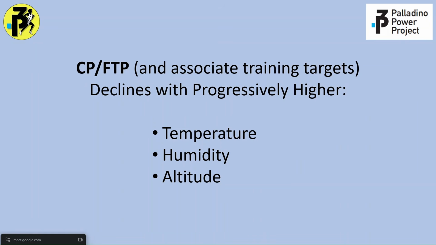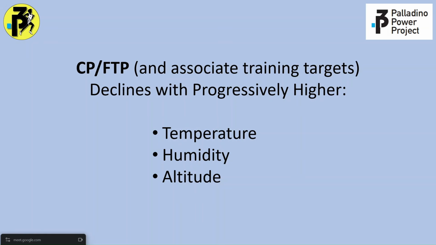And by virtue of that, CP, FTP, and their associated training targets, because that's where they're derived from, also decline with progressively higher temperature, humidity, and altitude. So it's possible that let's say your fitness is staying about the same.